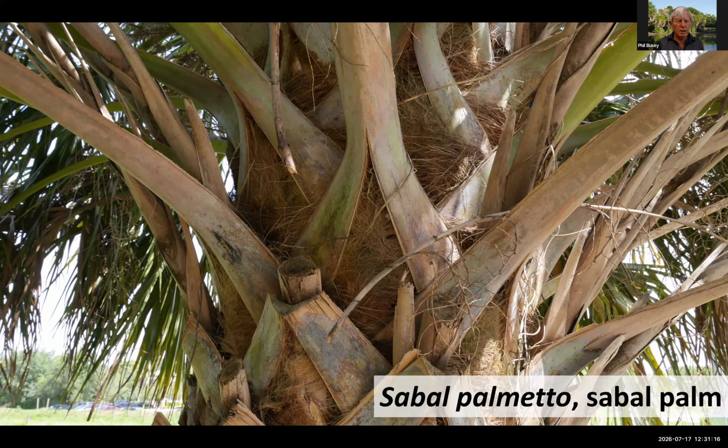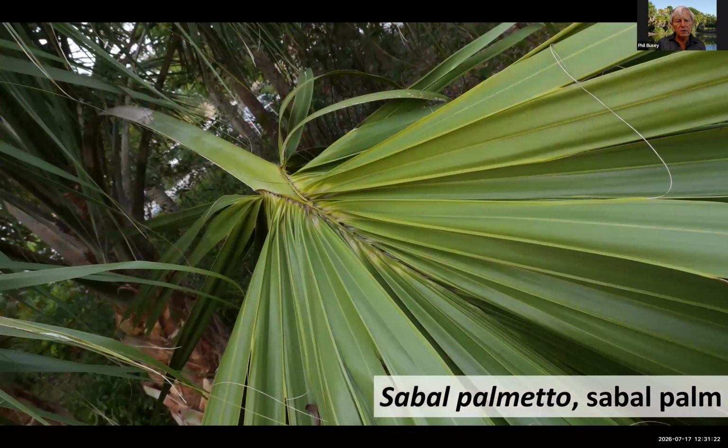It's also a fan palm, and has another characteristic that's really important, which is a technical characteristic, the costa, and that is the extension of the petiole into the blade.